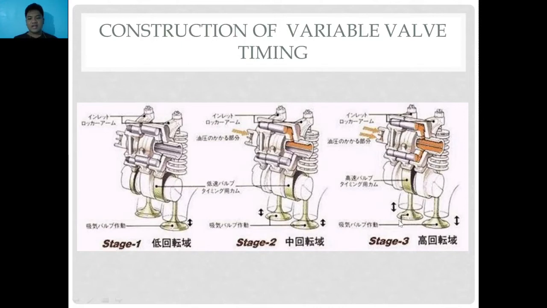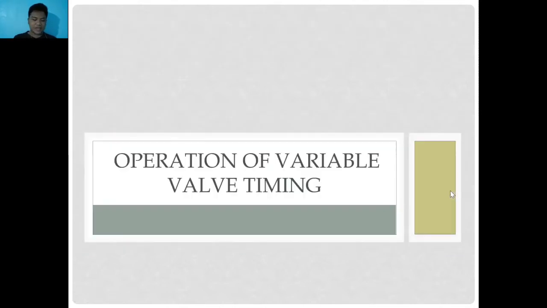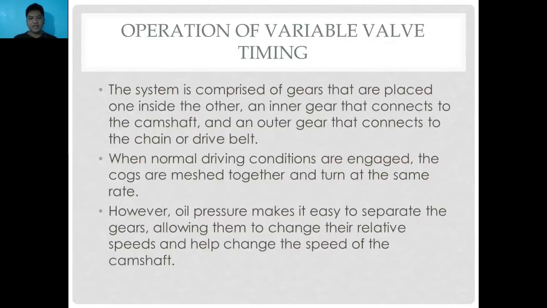And in stage 3, this is where you're above 4,000 to 7,000, depending on how many RPMs the engine can do, and you can see both of the oil galleries are now open to lock in the third cam profile. Okay, next.